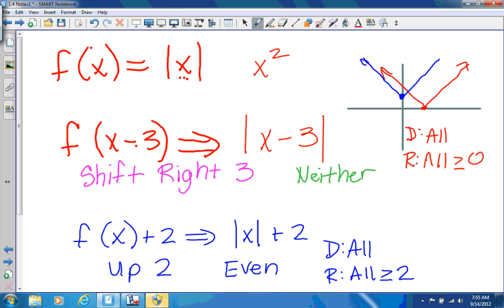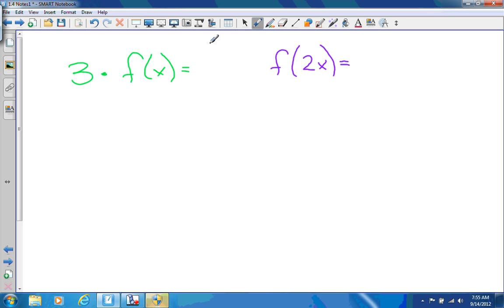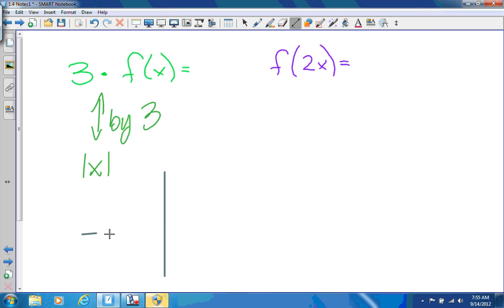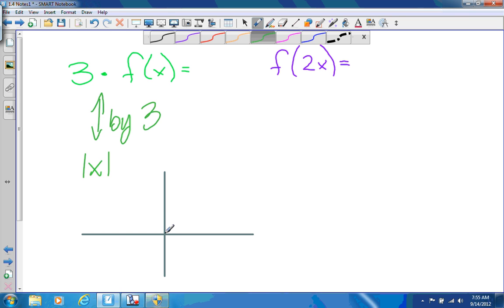And finally, if you had something where it was multiplied, 3 times f of x, since it is not with the x, this is going to stretch it vertically by a factor of 3. So if we were dealing with the absolute value of x, our graph would have a coordinate of 0, 0, and then usually it's over 1, up 1, but now because we have to be stretched vertically by 3, it would be over 1 and up 3.